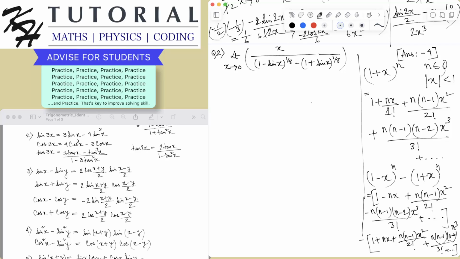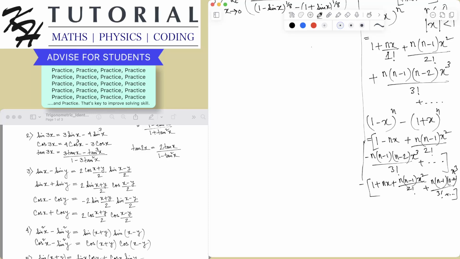So you can see a lot of the terms from both expansion series will cancel out. All the even powers of x will cancel out. Also 1 will cancel out.